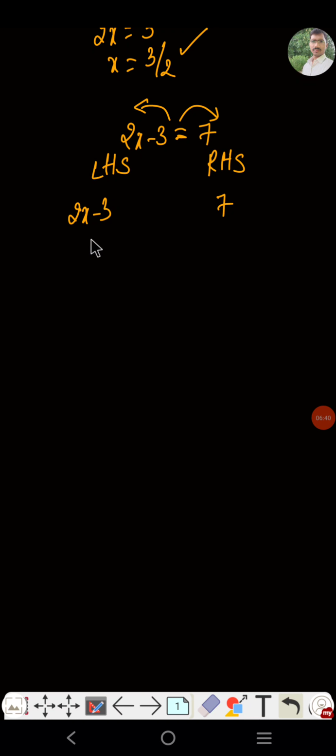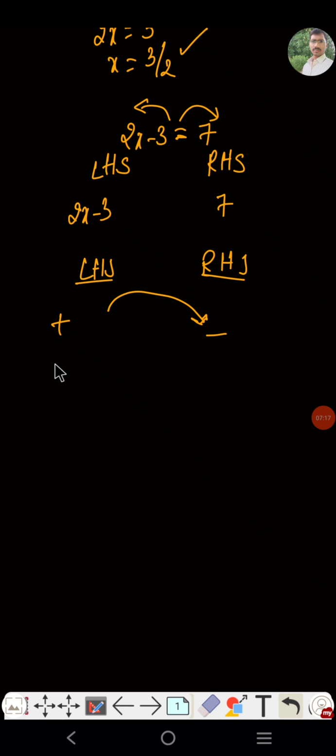Now, if a plus quantity is in the LHS and we send that plus quantity to the RHS, it becomes a negative quantity.